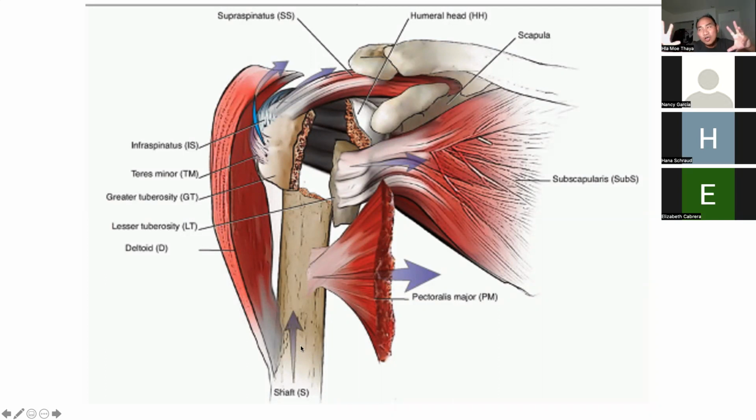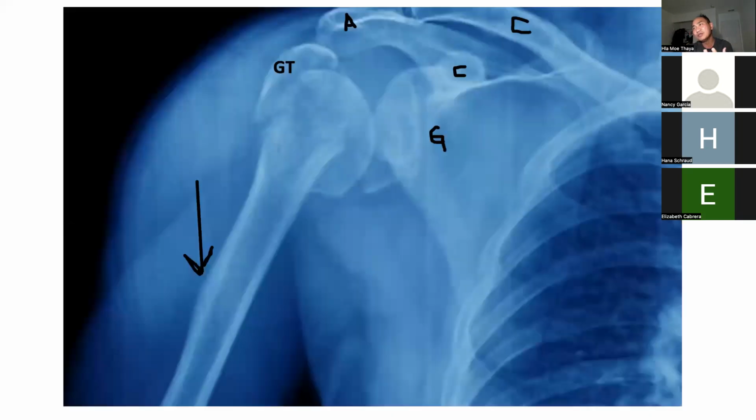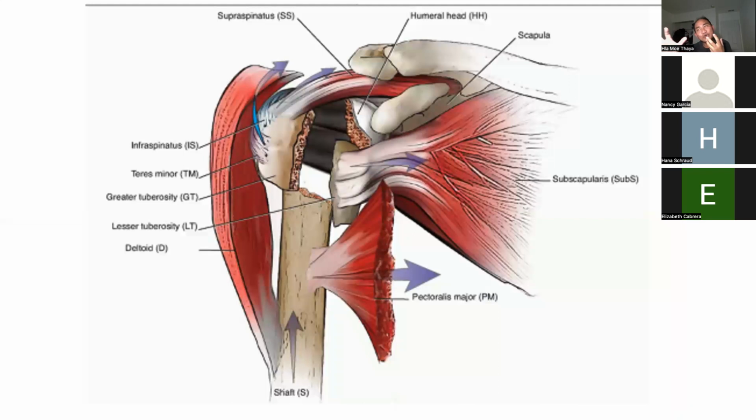Because of the pulling of the muscles in different directions, once the bone is fragmented, we see this shape. This is pretty much equivalent to this fracture, and we are showing the different muscles which are pulling the bony fragments in different directions once the bone starts to get fragmented.